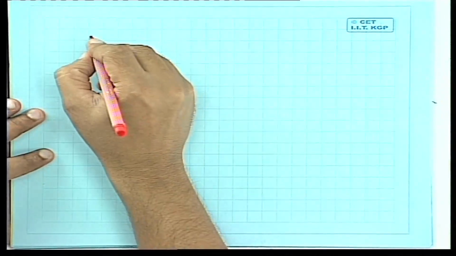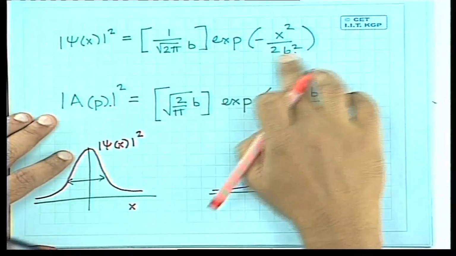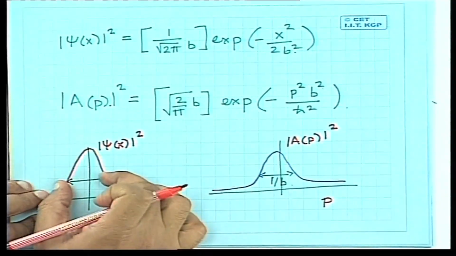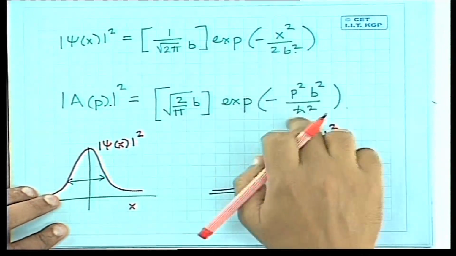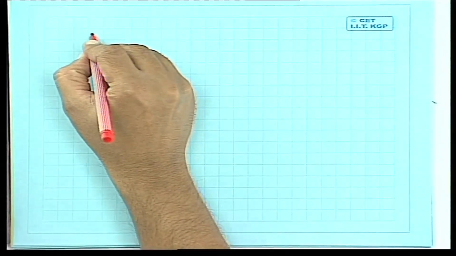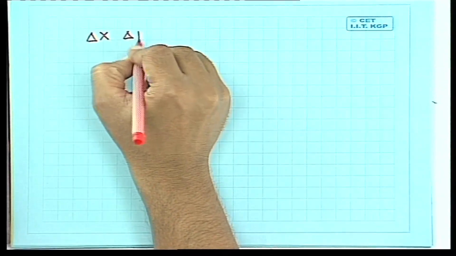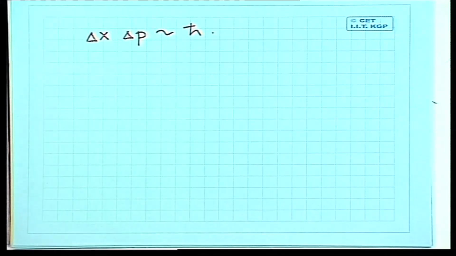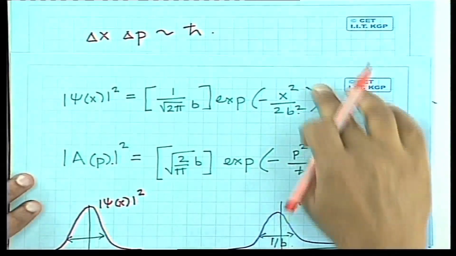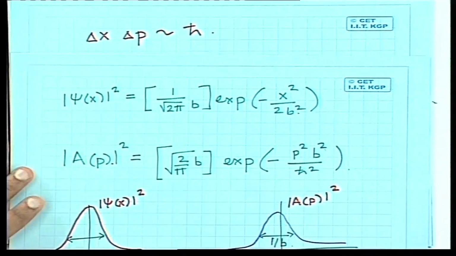And this is the uncertainty relation, and it is obvious from here itself. If you calculate the uncertainty or the mean square value or the spread of this and the spread of this, the product of these two, delta x, delta p, is of the order of h cross, which you can see is clear from these two expressions. The width of this and the width of this, the product of these two is of the order of h cross.